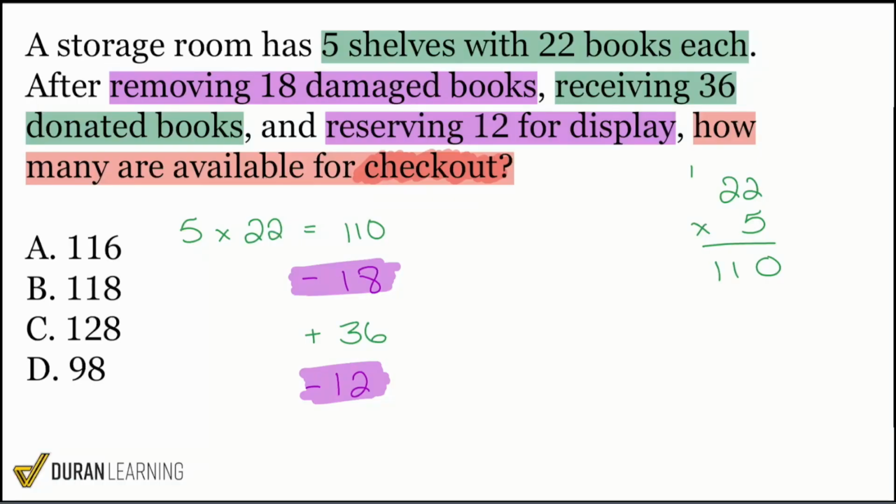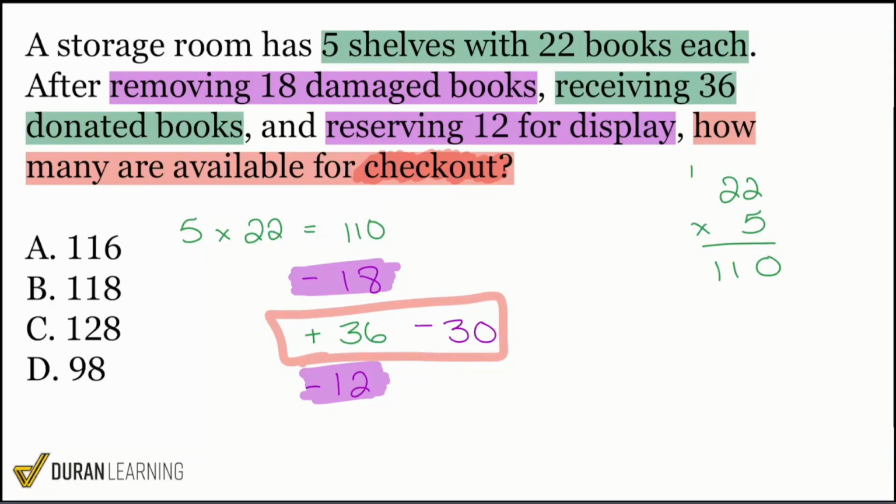If I take away 18 and take away 12 right after, that's like taking away 30. So I'm going to write that out. I'll take away 30. And then when I bring together the 110 and the 36, we could bring those together first. Or you could just look at the plus 36 and minus 30. Everybody, what's going to happen when we mix plus 36 and minus 30 together? What happens when we mix those together?